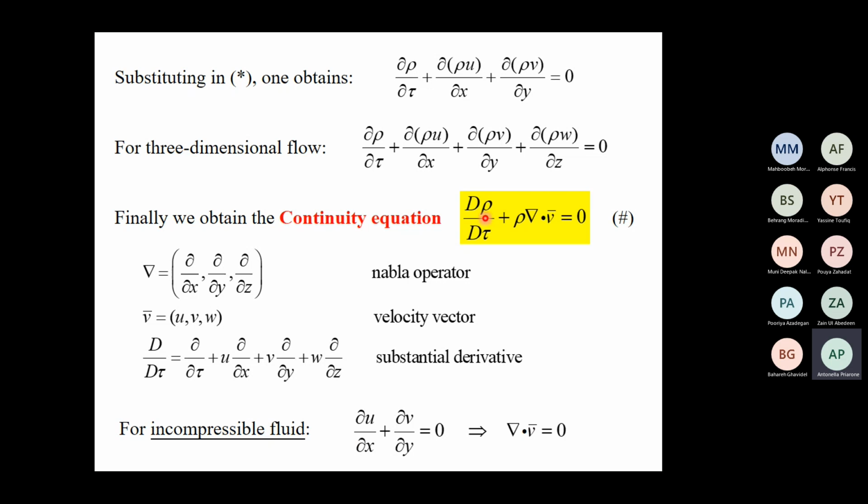I simplify the first part, and for incompressible fluid I keep only the second part of the yellow equation, and I obtain the derivative of u in x plus the derivative of v in y equal to 0. And this is the continuity equation. Is it okay? Yes, Professor, it's clear.